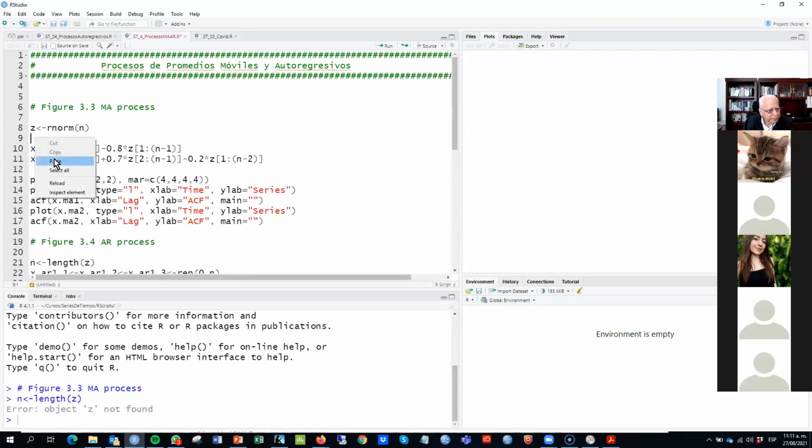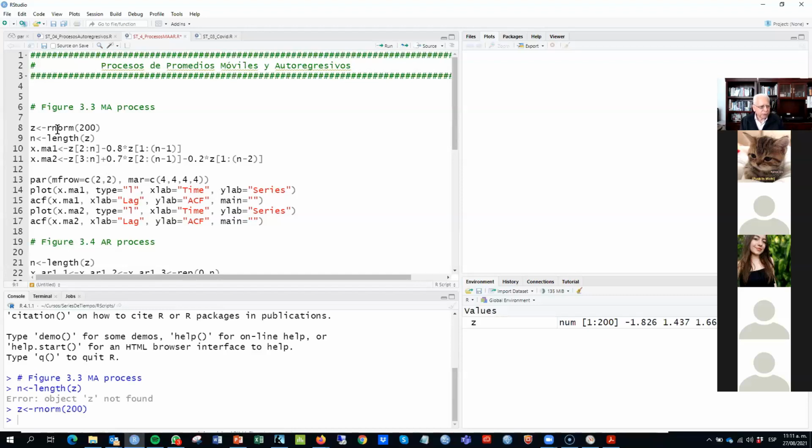Paste. I'm going to generate 200 data points from a standard normal distribution. So I'm going to generate in Z, which I should call A because that's going to be my white noise, 200 random numbers from a normal distribution with mean 0 and standard deviation 1.